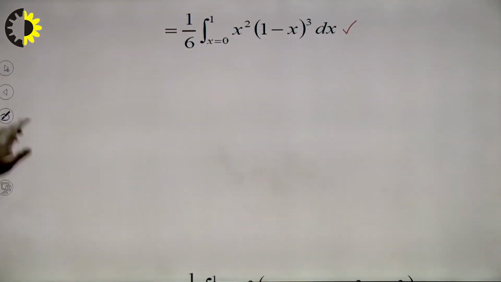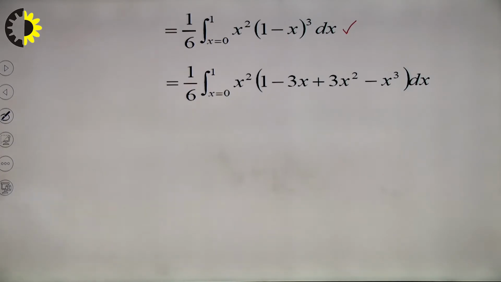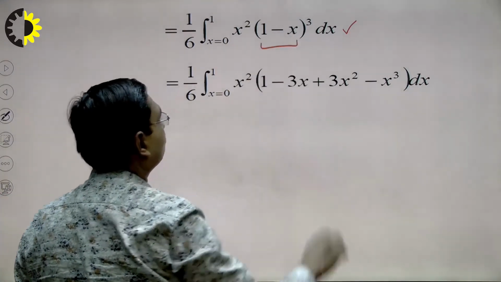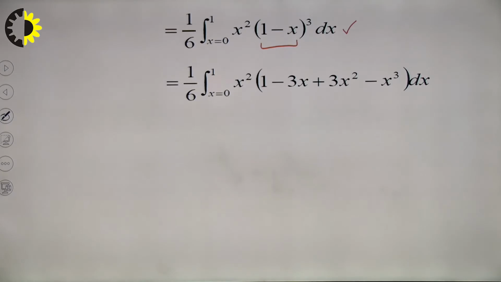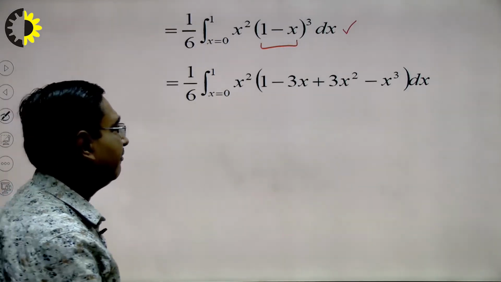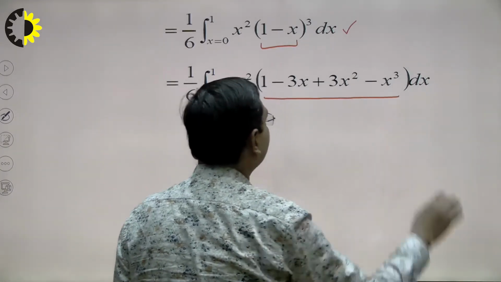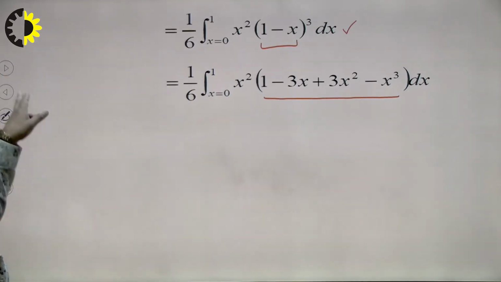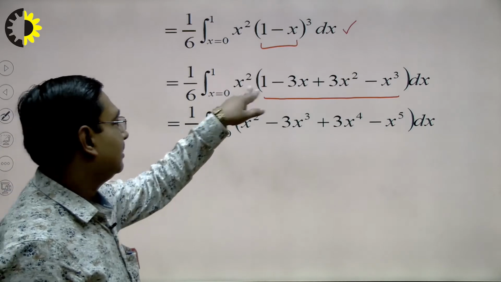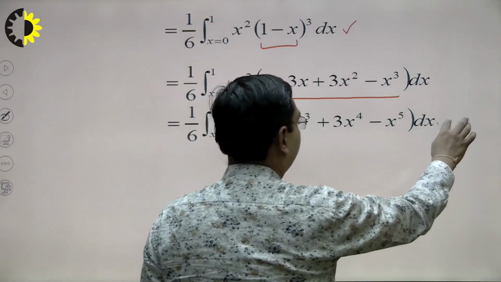This integral is not difficult to evaluate. This 1 minus x whole cube can be expanded using the formula a minus b whole cube. A minus b whole cube when expanded gives this expression. We then multiply this x square inside in each term.